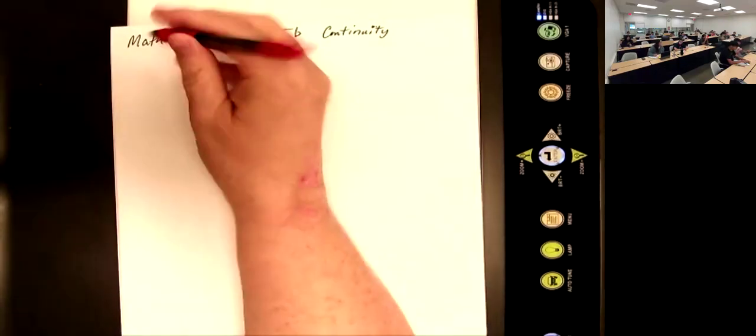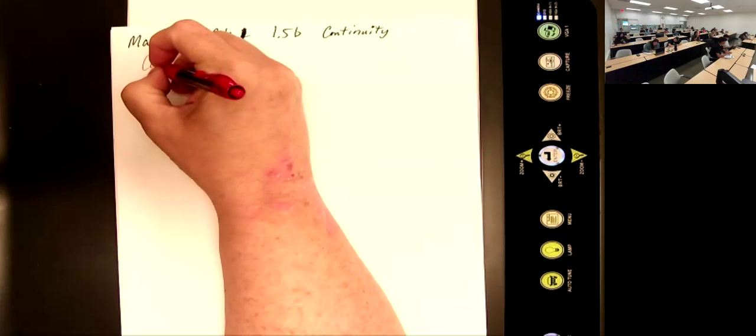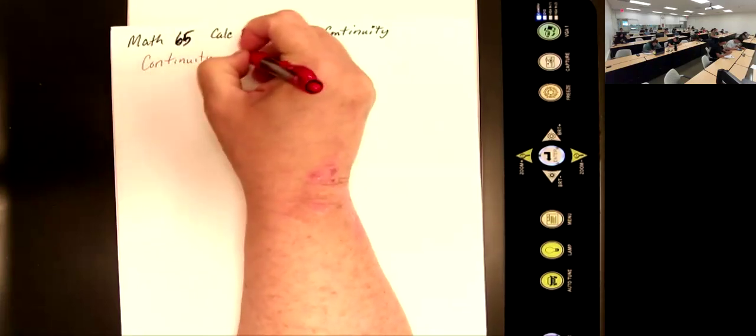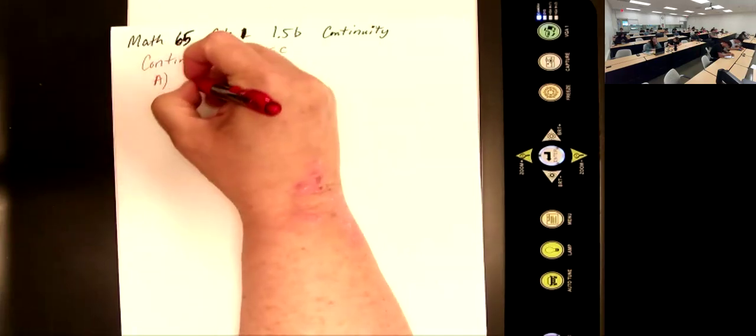Just a reminder real quick, for continuity at point C: A, f of C has to be defined.